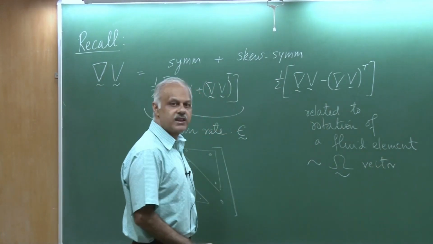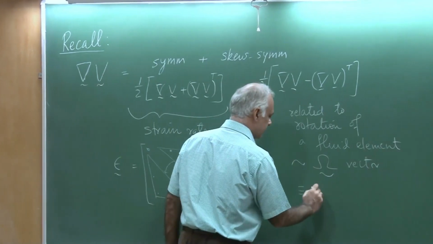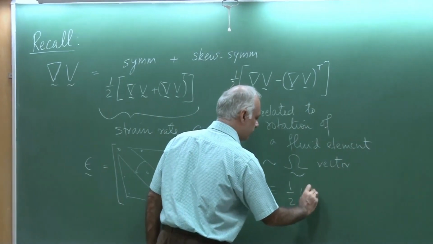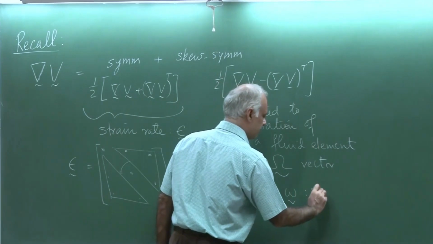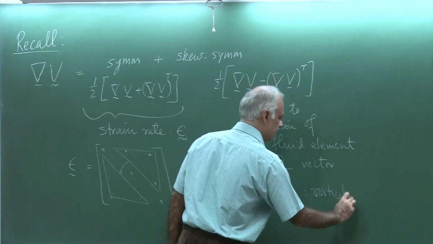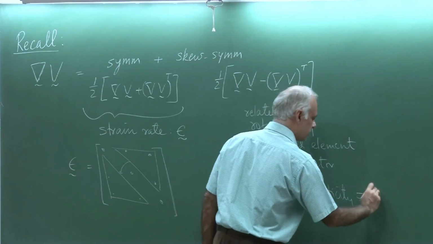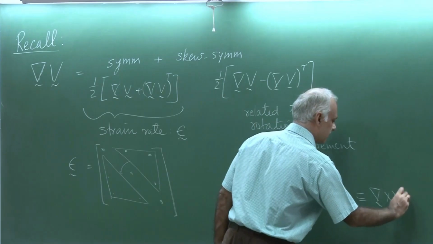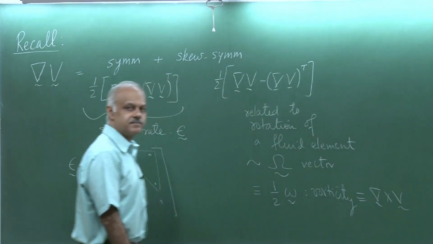And this, as you recall, was same as half of omega, which is vorticity, which actually corresponds to the curl of velocity.